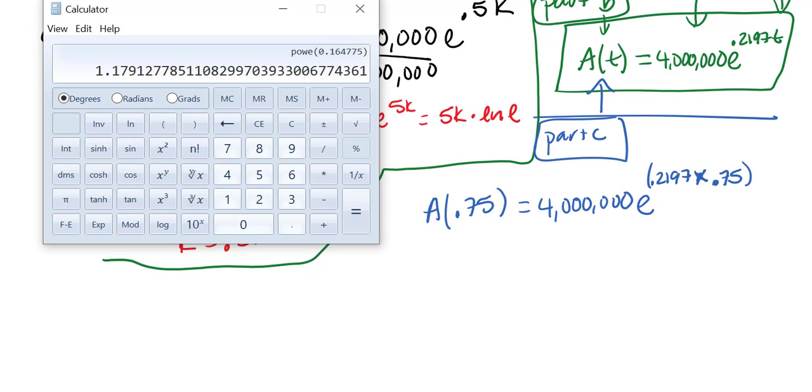Then what we're going to do is go ahead and multiply this by 4 million. Let's make sure that I have enough zeros, which I do, and then we can press enter, and we get our solution.